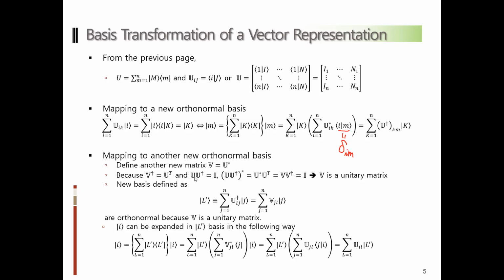And then because we already know that the unitary operator or unitary matrix should satisfy this relation, even if I take the complex conjugation of the entire component here, it should still be the same as the identity, because identity is just a real valued matrix.